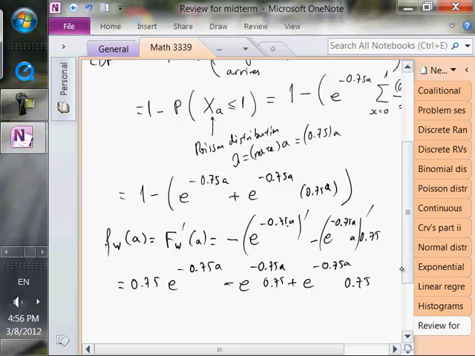I think I did it correctly. Yeah, I'm right. Yes. -0.75, 1, this. So these two terms cancel each other. So we have that: 0.75 e to the negative 0.75 times A.